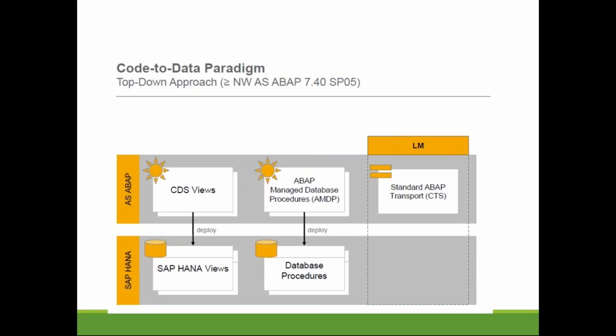Now we are using a top-down approach. Top-down approach means CDS views are created as ABAP CDS, and the respective HANA CDS is automatically created in the backend, and in the SAP ABAP layer we are creating AMDP. The respective database procedure will be created inside the database.